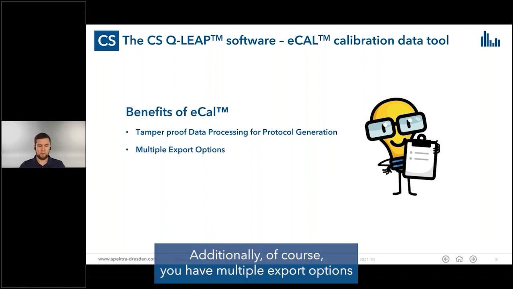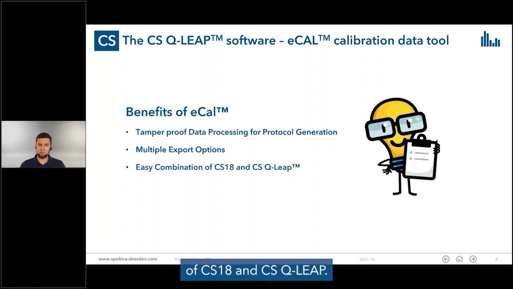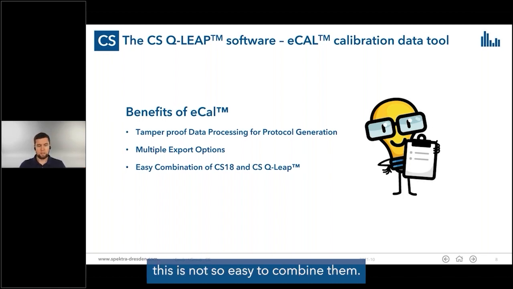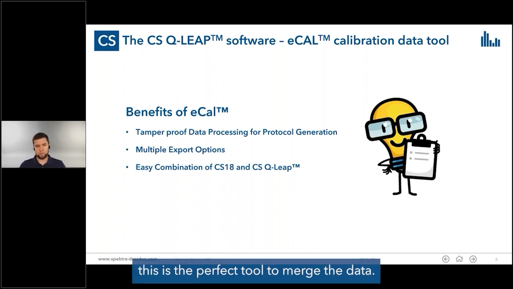Additionally, of course, you have multiple export options that we already introduced. We have an easy combination of CS18 and CSQLeap in that. In the Excel templates, it is not so easy to combine them. So especially for customers that have a CS18 and now get a new CSQLeap, this is the perfect tool to merge the data.